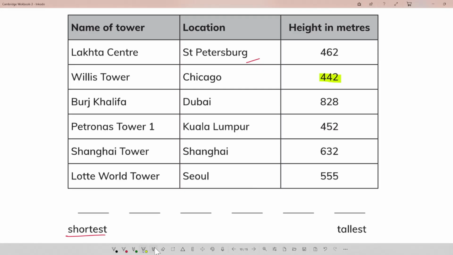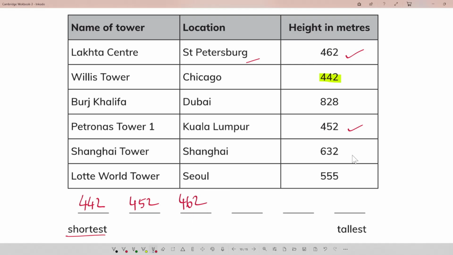So we can write in here 442. Then which one is next shortest? Here is 452. We can write in here 452, which is Petronas Tower, Kuala Lumpur. And next shortest is 462.